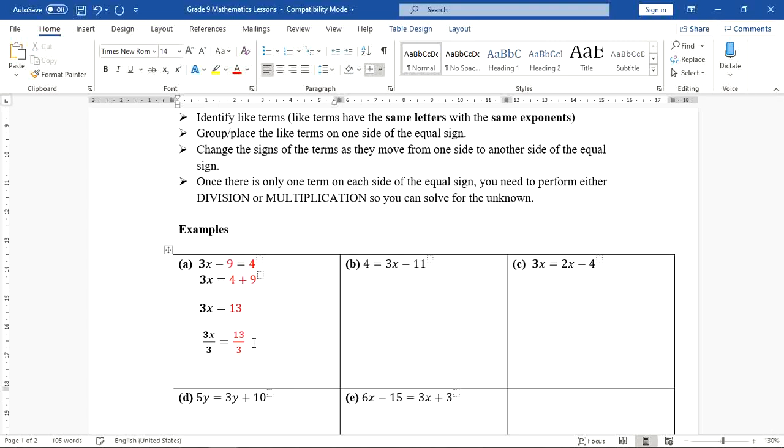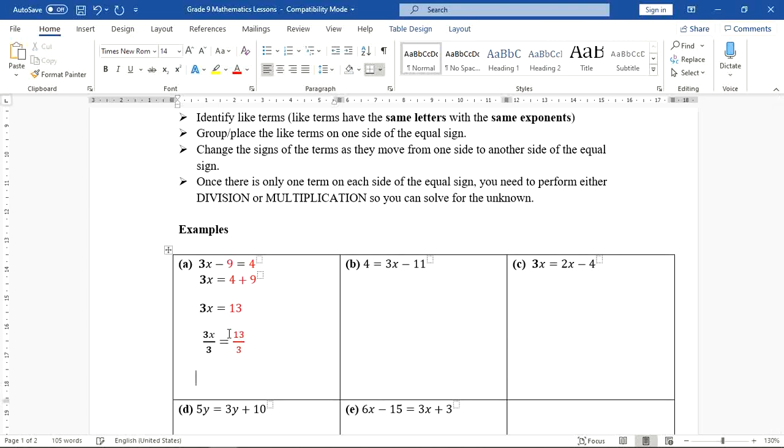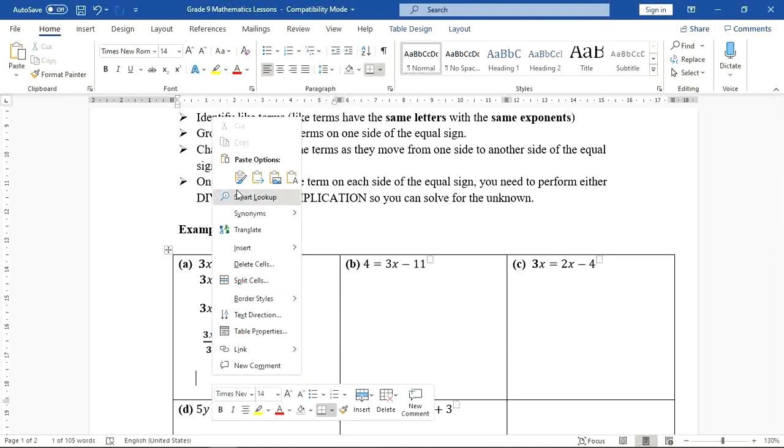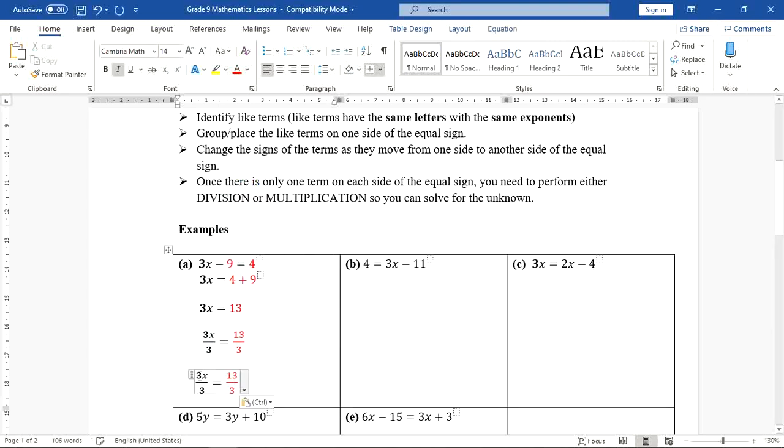So x is equal to 13 over 3. We can leave the answer like that, or we can write it as a mixed fraction.